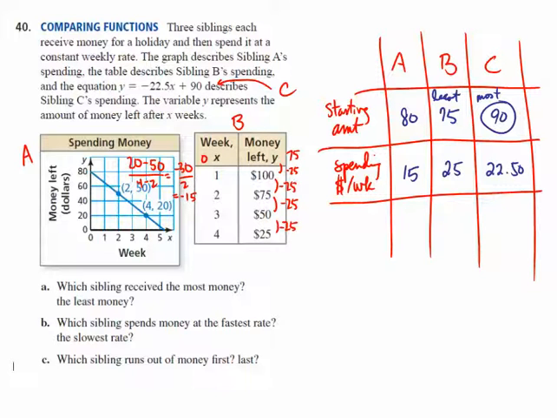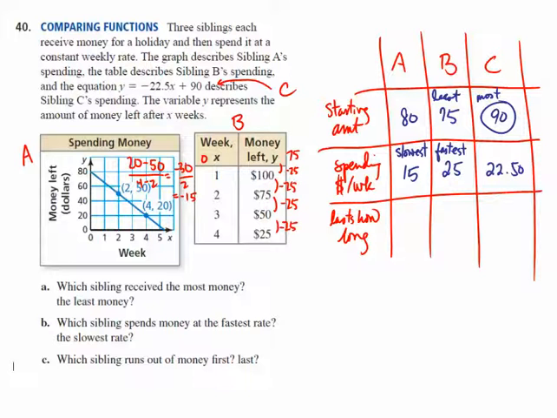Who spends money the fastest? Fastest would be sibling B. Who spends money the slowest? That would be sibling A. Now, which sibling is going to run out of money first? Well, that's asking the question, how long is their money going to last?